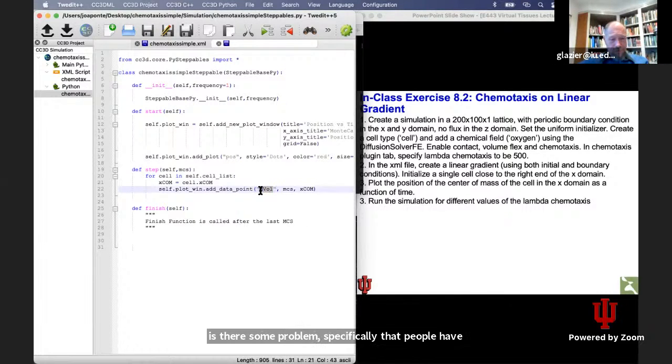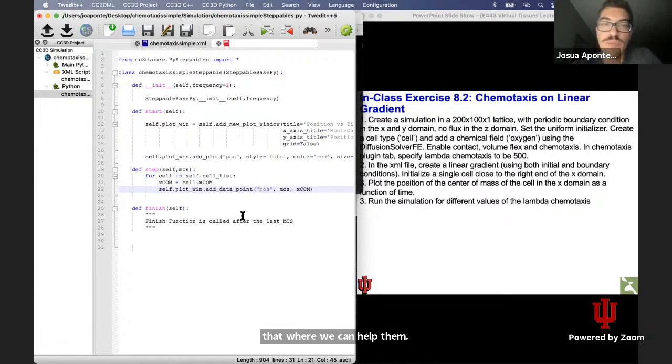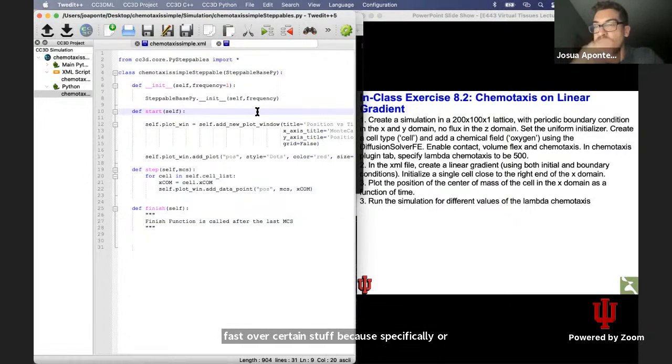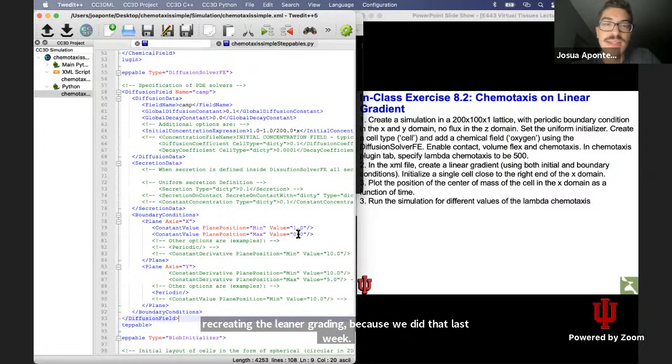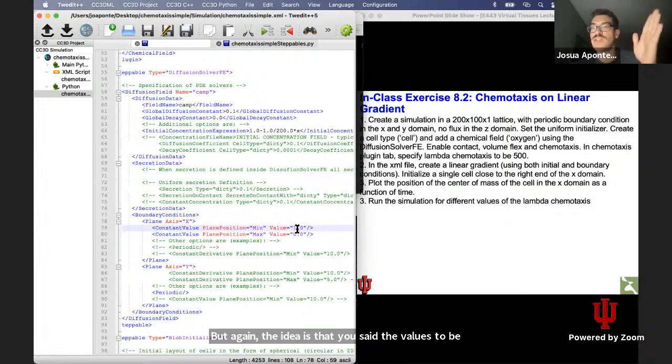Right. As I said, I was going super fast over certain stuff, specifically over creating the linear gradient, because we did that last week. But again, the idea is that you set the values to be one on one edge of the simulation domain, 0 on the other edge.